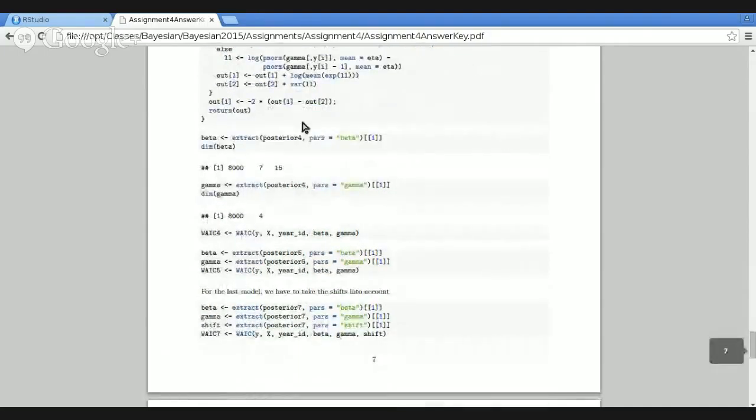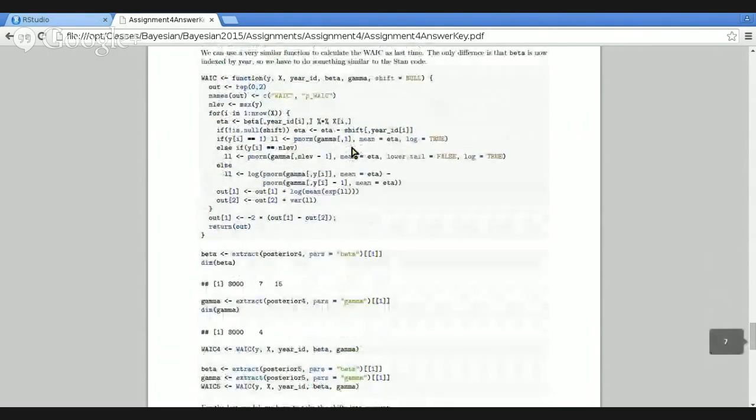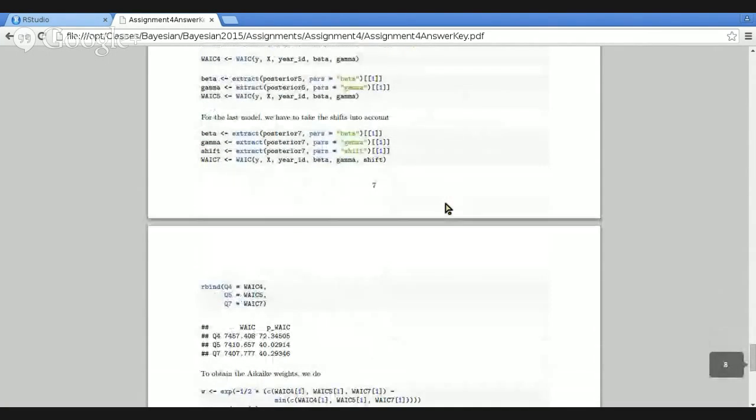You can see when you pull out the betas from the posterior object, it comes out as 8,000. So I did 8 chains, each with 1,000 draws. I had 7 time periods in my model and 15 coefficients for each time period. So I needed to index on the middle dimension. So I passed in the year ID. You have to do that also. And then it'll get the year for the ith person and select the betas that correspond to that year. The rest of this, I think we talked about last week, so I'll zip through this now.